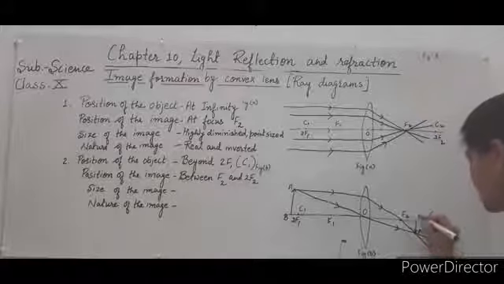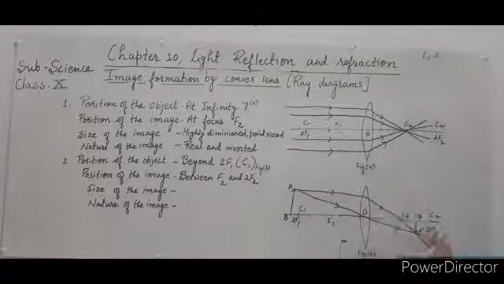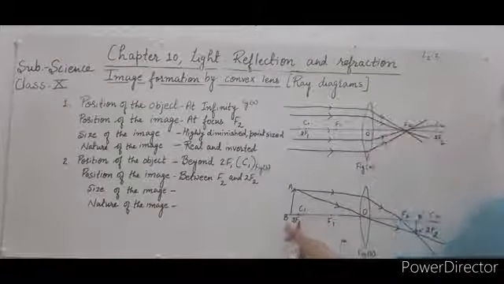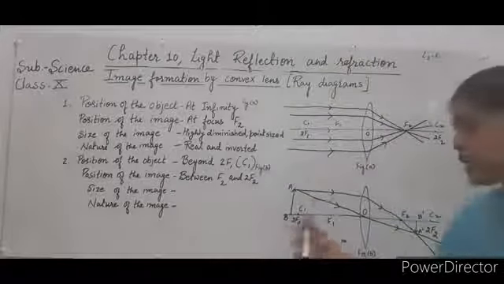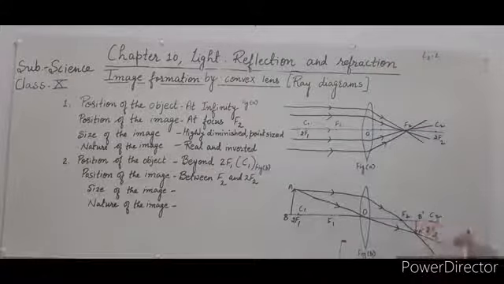A dash B dash is our image. The image is real and inverted, and diminished as compared to the size of the object. So, when the object is placed beyond C1, the image is formed between F2 and 2F2.